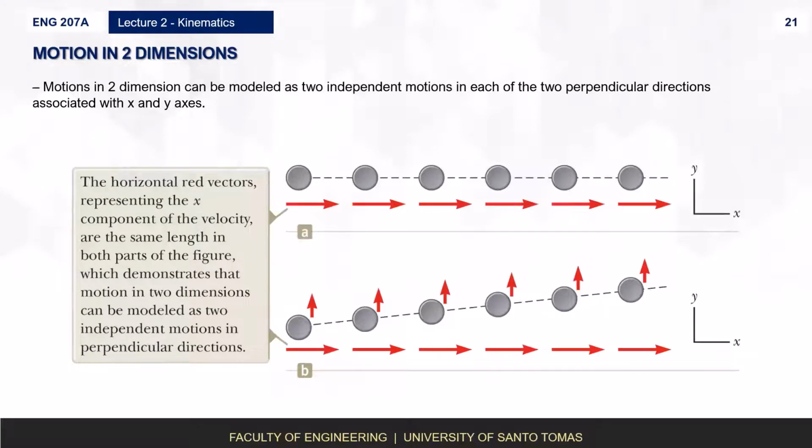So the motions in 2 dimensions can be modeled as 2 independent motions in each of the 2 perpendicular directions, such that any influence in the y direction does not affect the motion in the x direction and vice versa.